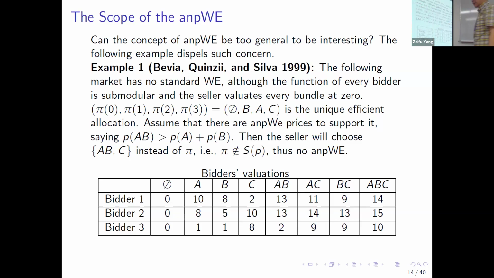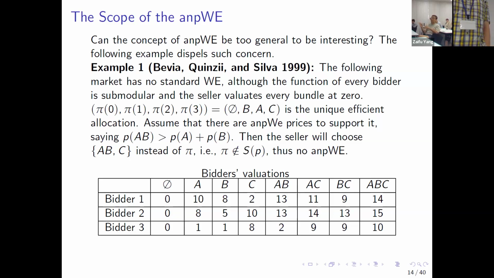I see. If you allow personalized nonlinear price, does it exist? I think so. I think if you allow nonlinear, personalized price, the seller's problem must have a solution.